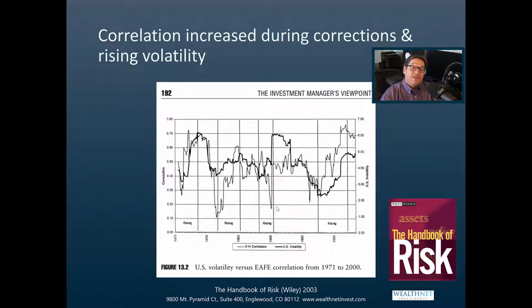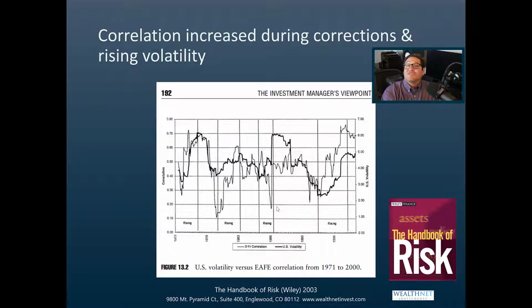So to get back to that point about not having diversification when you need it. Back in the Handbook of Risk book I was telling you about, that I contributed to, I showed this graph, and this is showing the volatility between the United States stock market and the EAFE index, which is the International Developed Markets Index. This chart shows 1971 to 2000, so this was done quite a while ago.